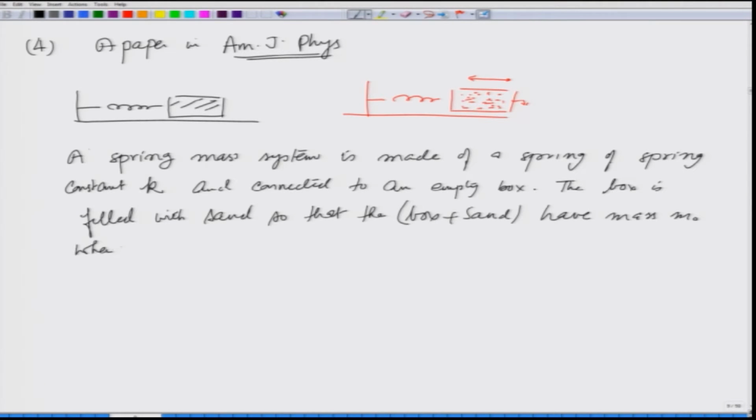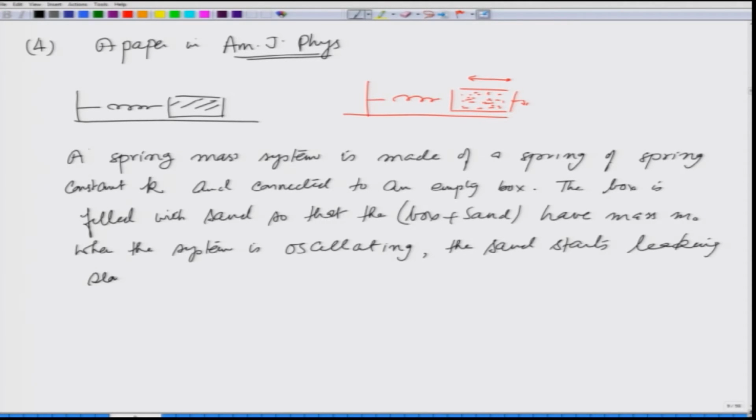When the system is oscillating, the sand starts leaking slowly from the box.